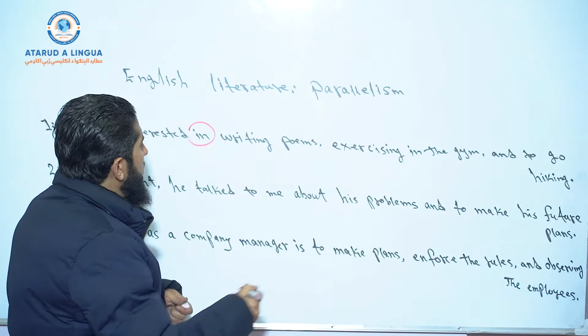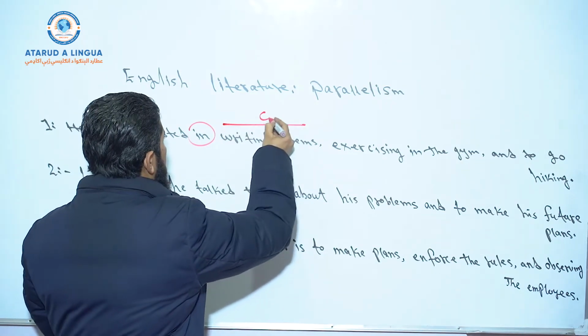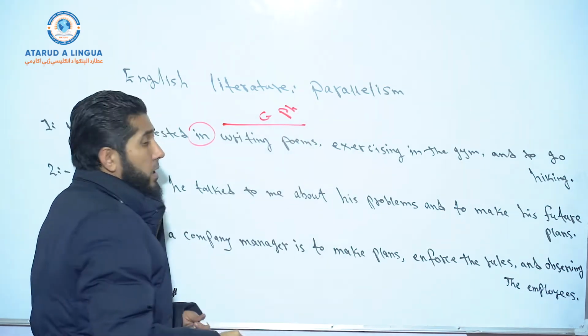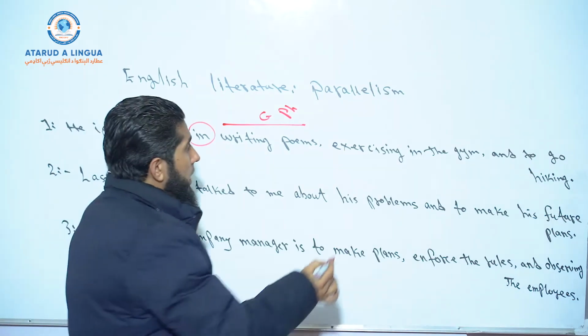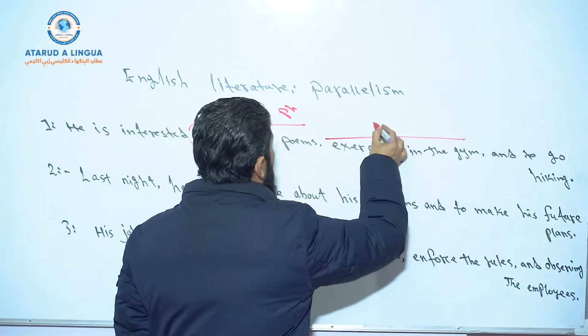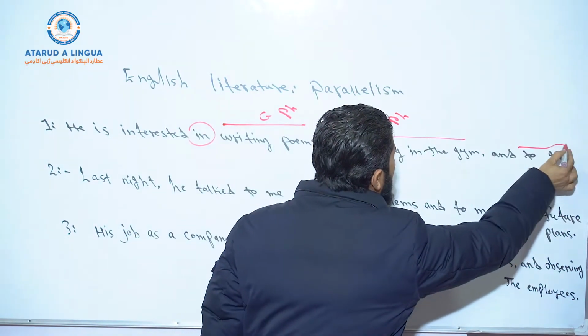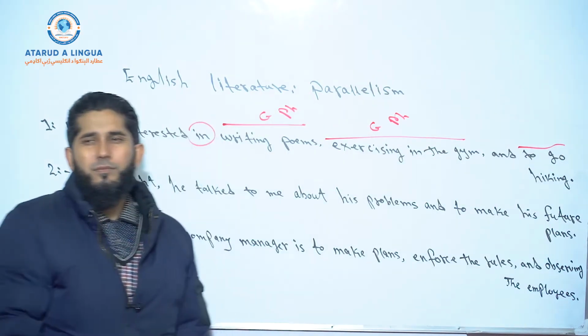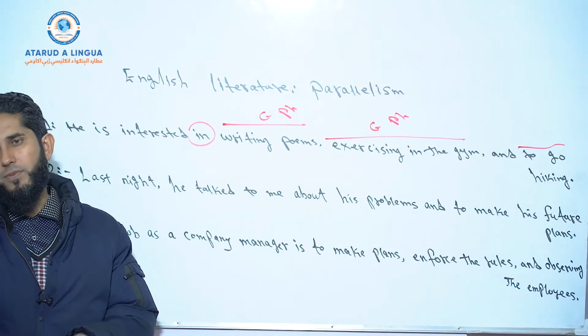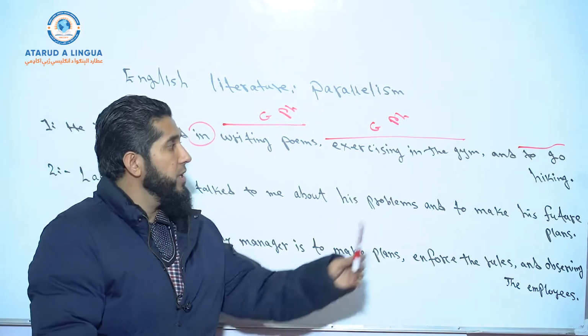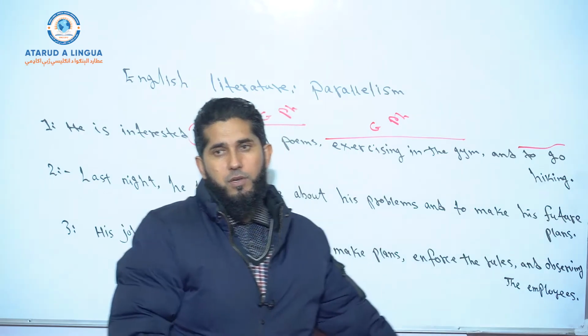So writing poems is correct. Why? Because it is a gerund phrase and it's fine, okay? Exercising in the gym, again, we have another gerund phrase, but and to go hiking, it is wrong. Why? Because that is an infinitive phrase. So we need a gerund phrase over here, okay?